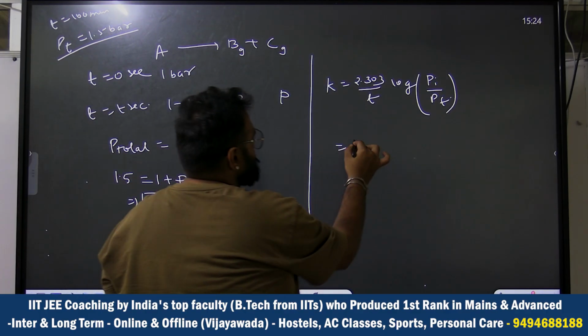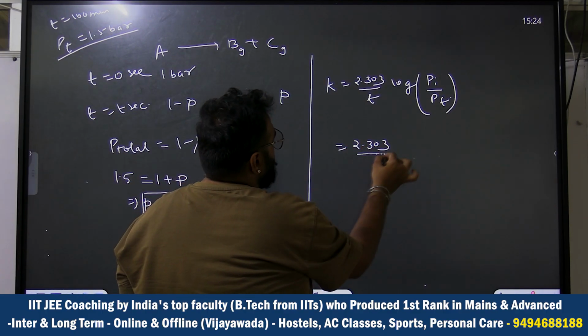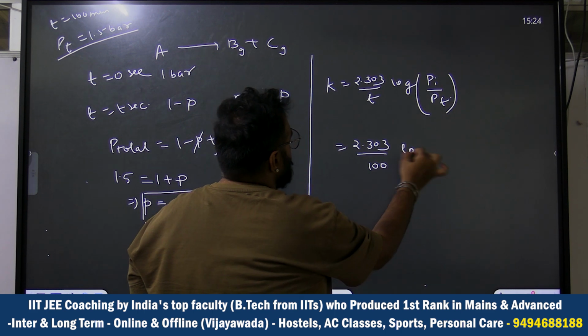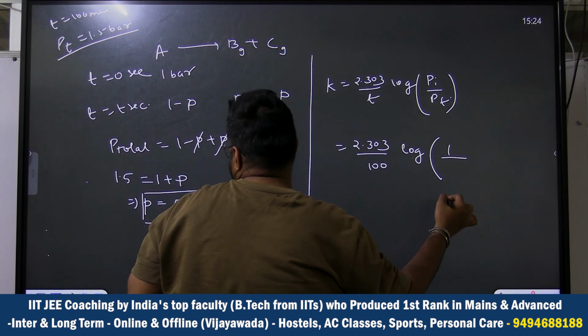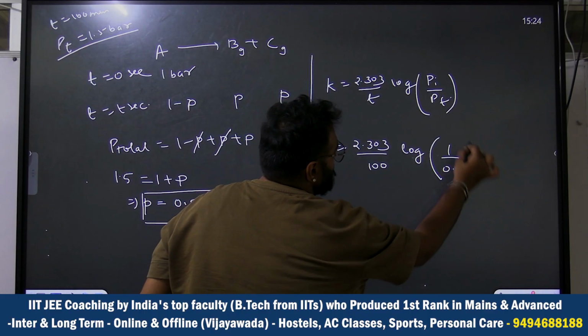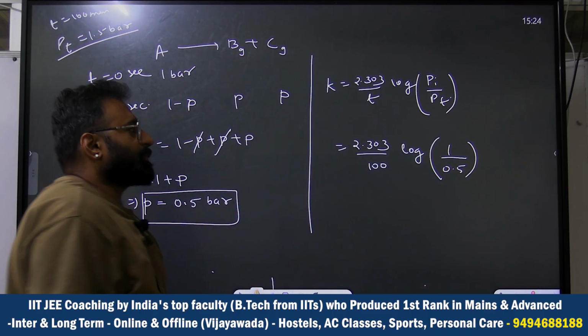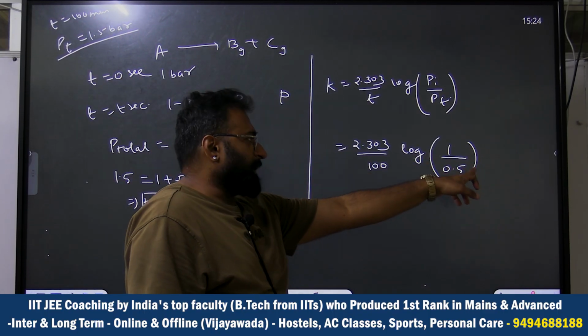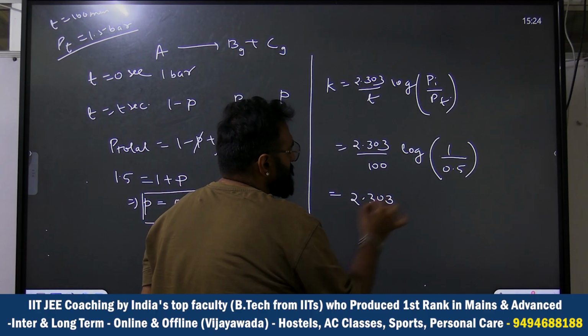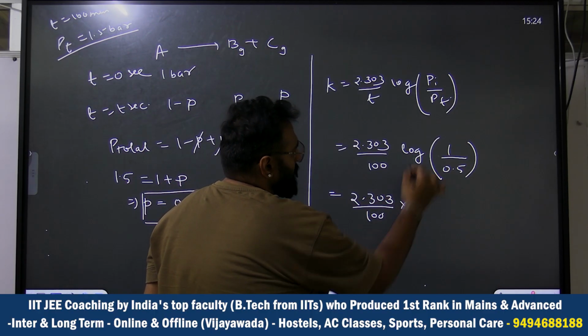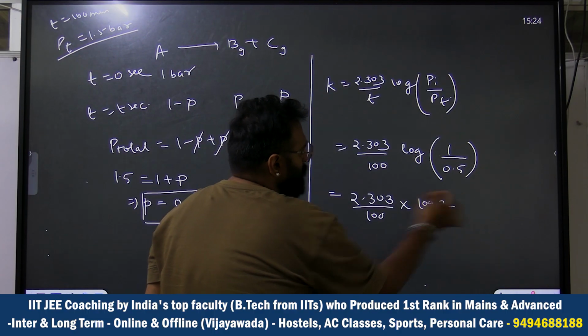So 2.303 by 100 log, P initial is 1 bar and P final is 0.5 bar, which means 1 by 2, so it can go up. So this is 2.303 by 100 into log 2.